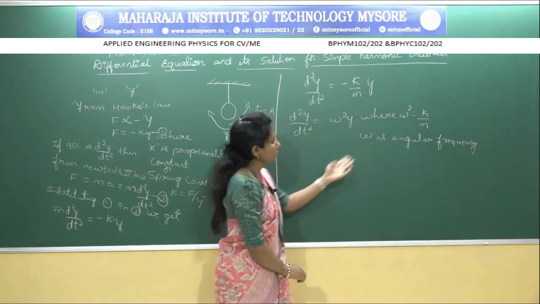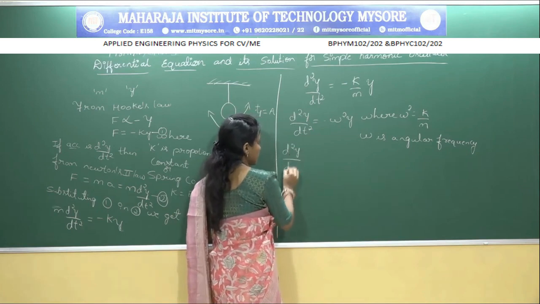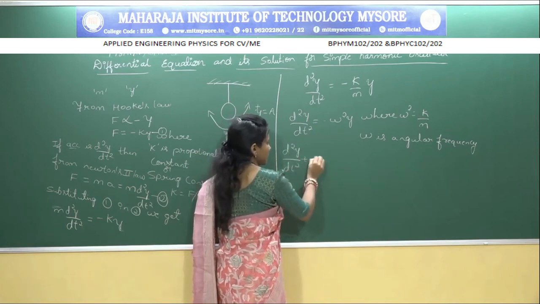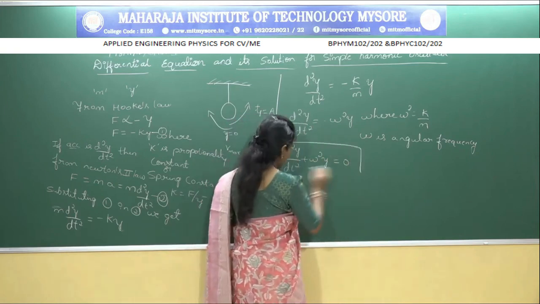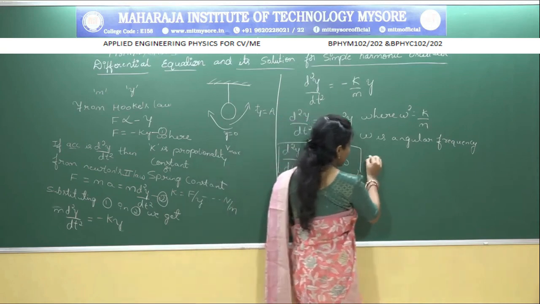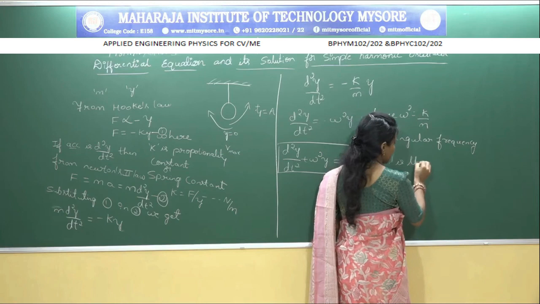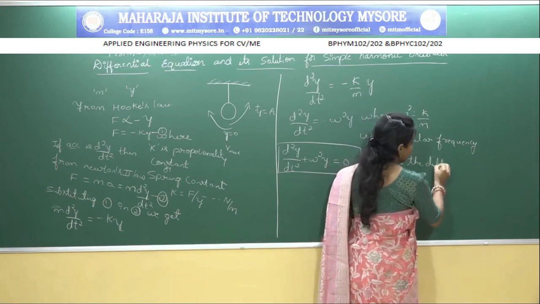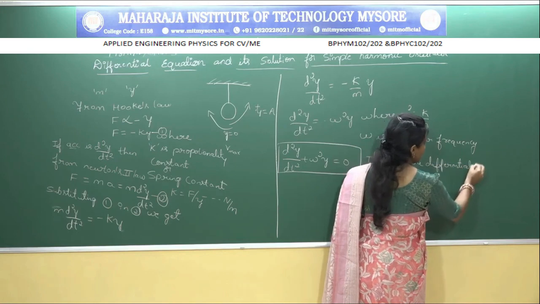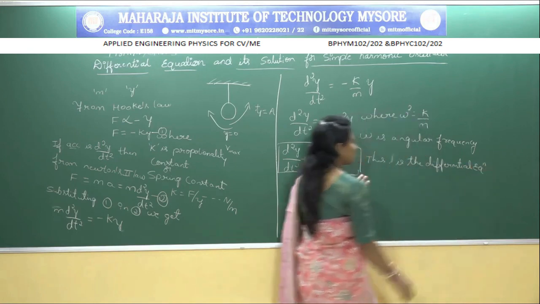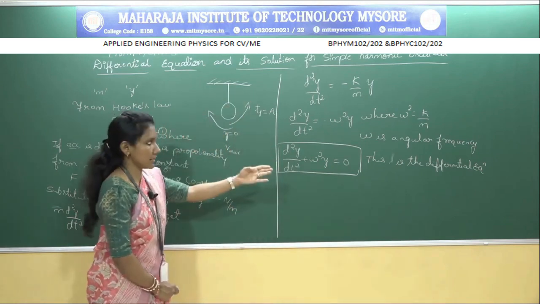Then the equation becomes d square y by dt square plus omega square y is equal to 0. This is the differential equation for the simple harmonic oscillator.